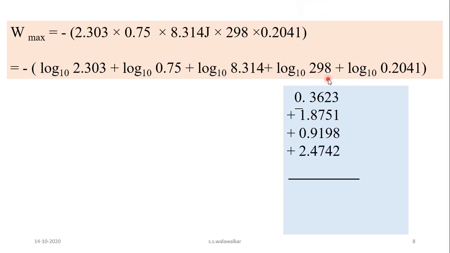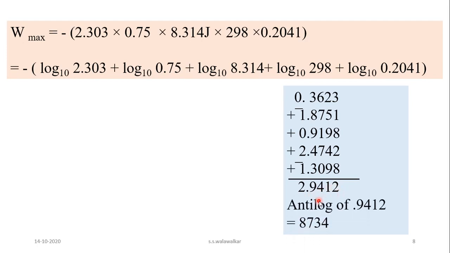Log of 298 is 2.4742; characteristic is 2 because it is 298. And log of 0.2041 is bar 1.3098, as the characteristic is bar 1. And the sum of all these logs is equal to how much? 2.9412. So you have to see the antilog of this. And antilog of 0.9412 is how much?